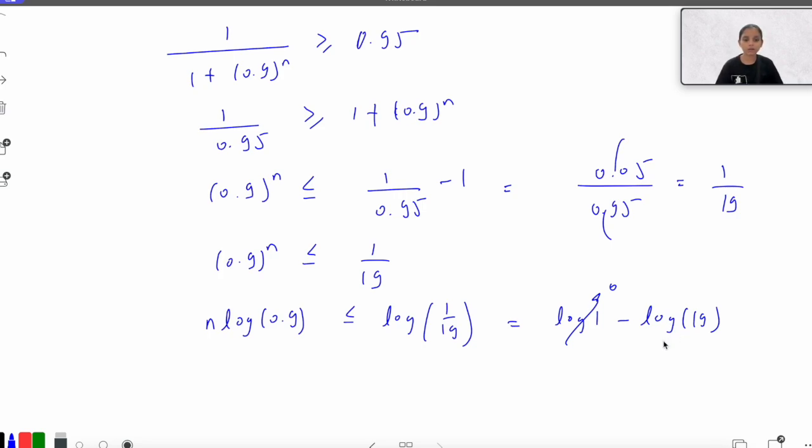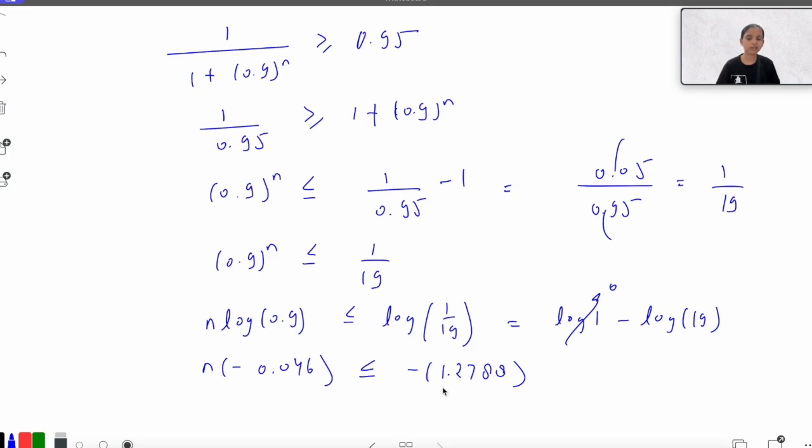Now you can calculate the value of log 0.9, that will be minus 0.046, lesser than or equal to minus log 19, that is 1.2788.